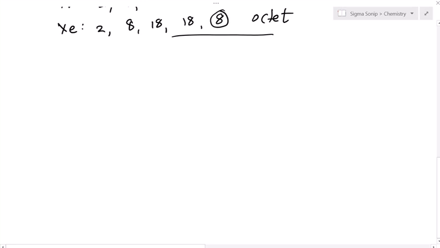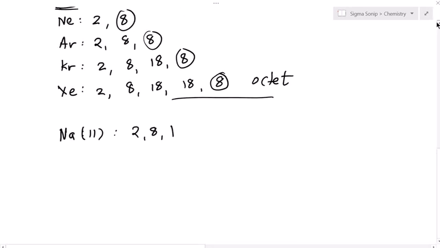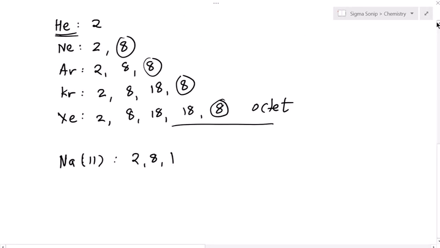So let's take a case of sodium. Sodium has an atomic number of 11 and its configuration is 2, 8 and 1. When we compare sodium with the electron configuration of noble gases here, we see that sodium is very close to neon here.